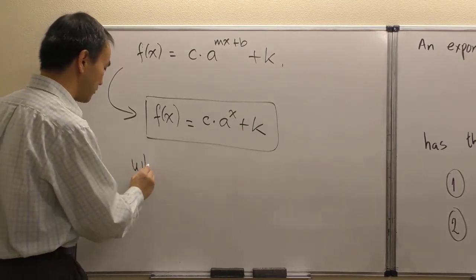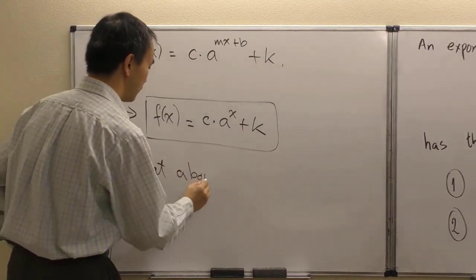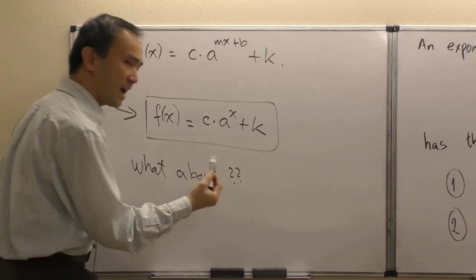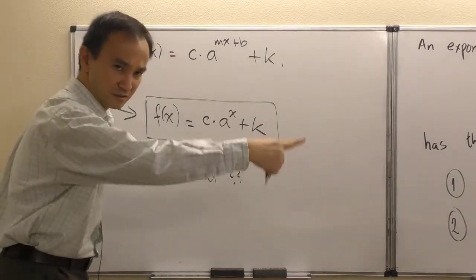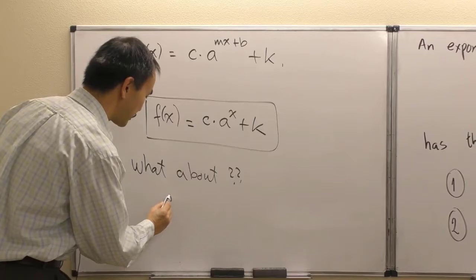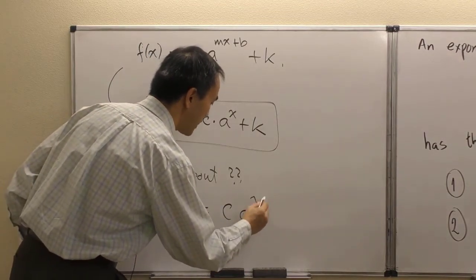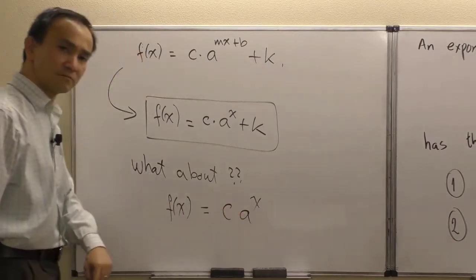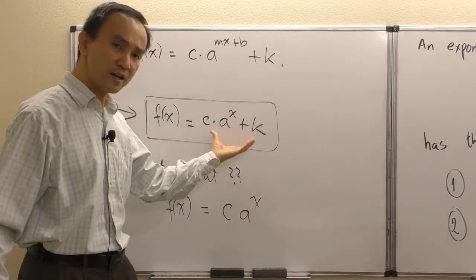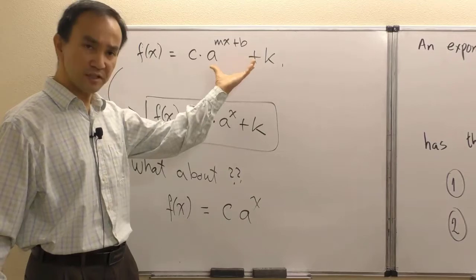How about a function in the form of just c multiplied with a^x? It's even a little shorter than this general form, and this general form is even shorter than that.